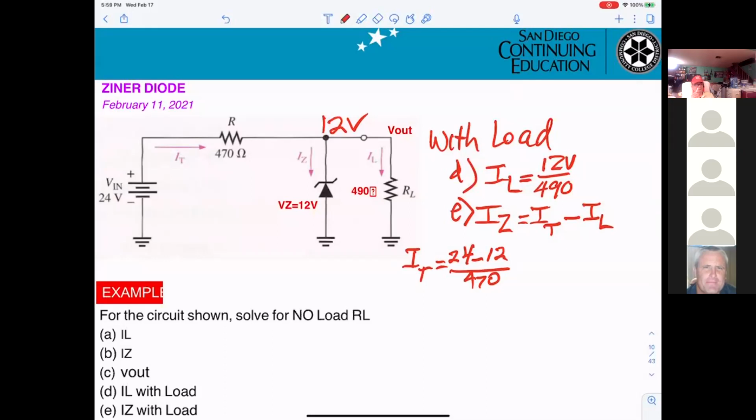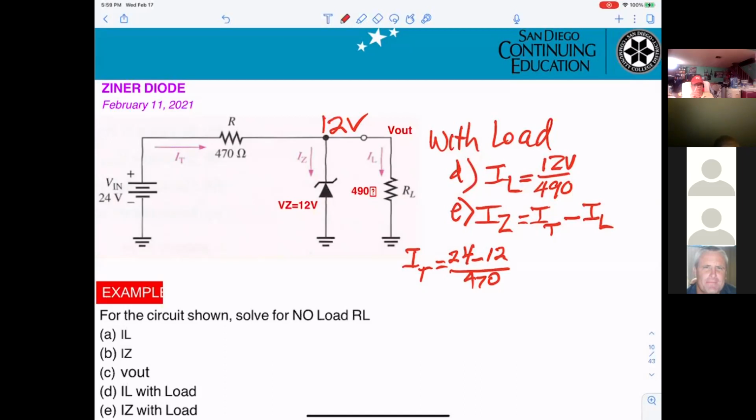Look at it this way. The Zener diode is rated at 12 volts. But let's say that VIN is 11 volts. If VIN is 11 volts and VZ is 12 volts, the Zener diode is not in breakdown yet.